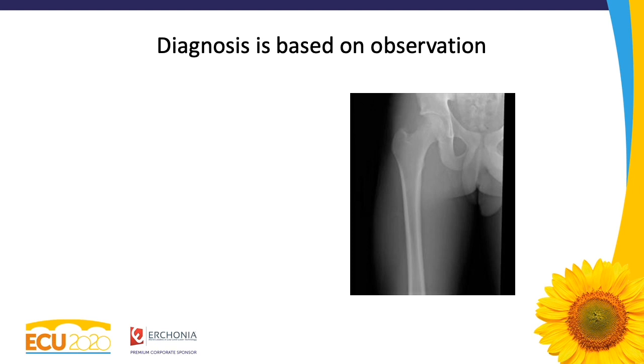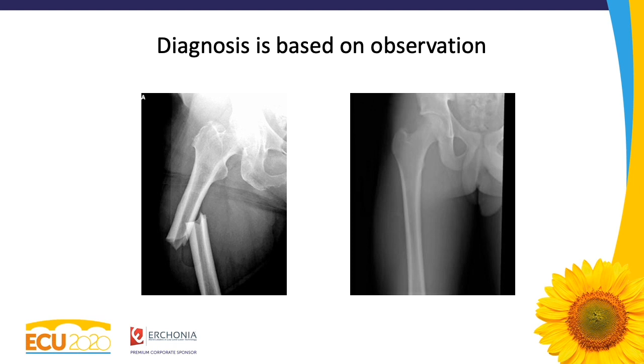I'll give you an example. Everybody can look, a 5-year-old can look at these two x-rays and tell you the one on the left is abnormal, that leg is broken, and the one on the right is not. The diagnosis is easy to agree on because it's based on evidence we can all see and nobody can really deny.